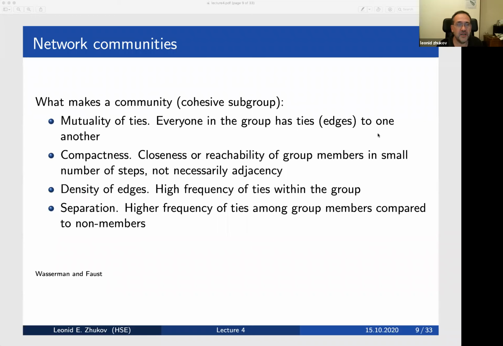Compactness is the notion that every node in the group is reachable from any other node, not necessarily directly, maybe in 2 steps, but it's very close.